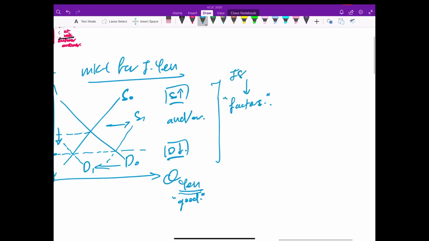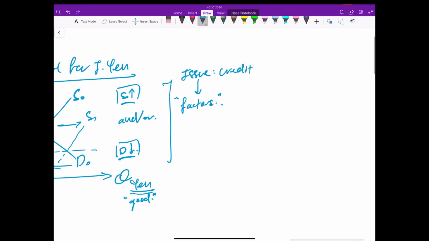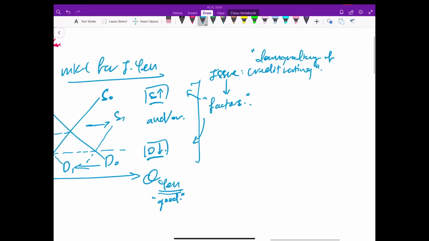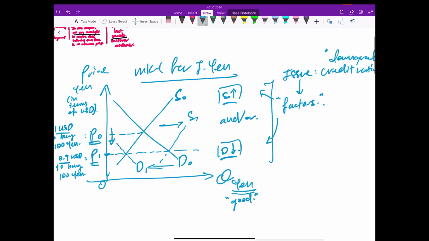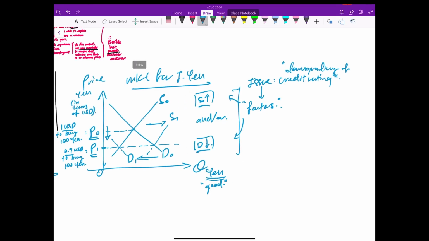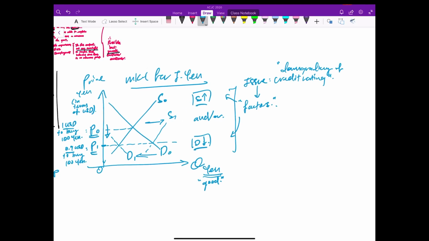So when you are given the issue, credit rating downgrade, will it affect supply or will it affect demand? That is the main issue that you're going to solve. Once you can answer, is it supply or is it demand, and how and why, then the explanation comes very naturally. The interaction is just theory, there's a shortage, there's a surplus, all that you can understand just from the theory. So now let's go on to understand this issue. Okay? And we will do so by studying the extract.